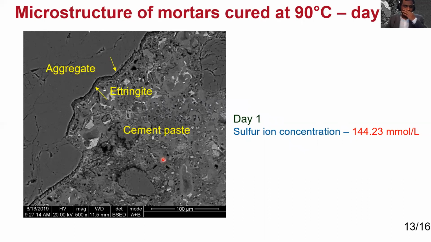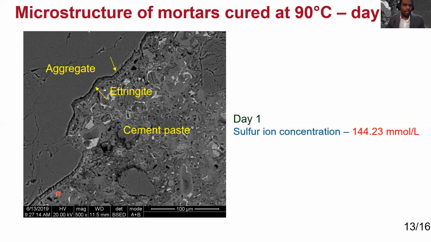Here, for the expansive system, which is the 4% sulfate and 1% alkali cement mortar, we can see a cluster of later age ettringite precipitation in the micrograph, which had high sulfur ion concentration at the end of heat curing, showing the correlation of sulfur ions in the liquid phase at the end of heat curing and the later age ettringite precipitation.